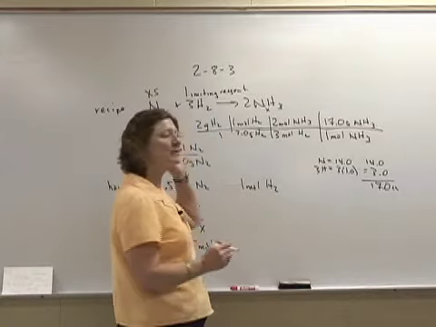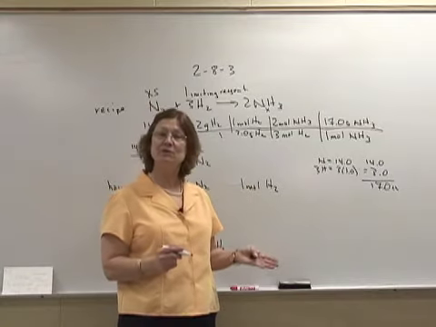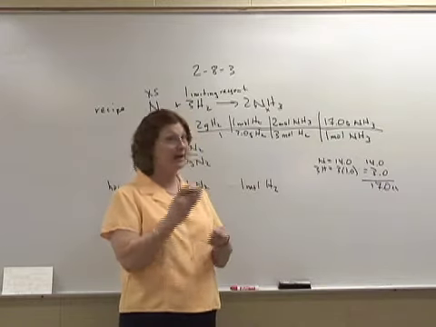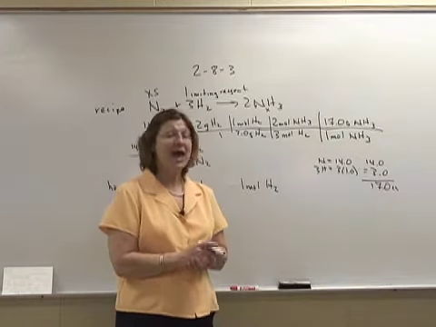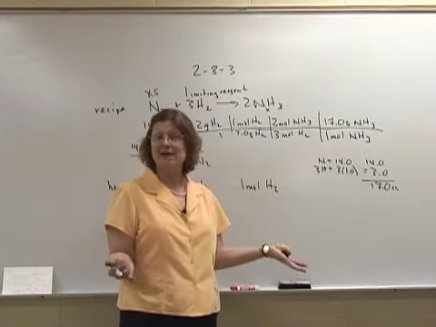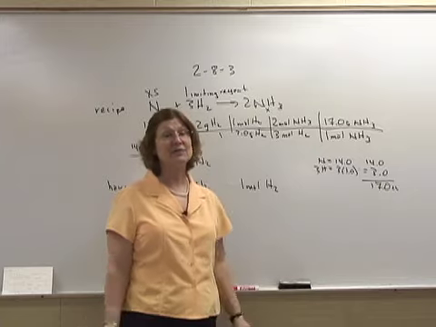I always must determine the amount that can be produced based on the limiting reagent. I can only make as much of that cake as I have the least amount of the material, and I ran out of eggs, so I could only make half of that recipe.